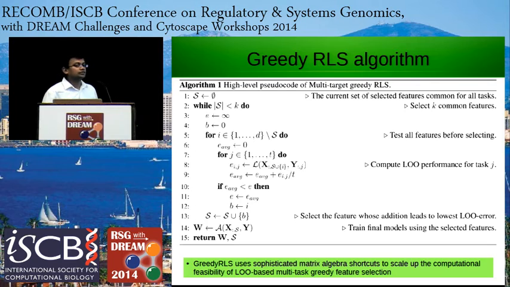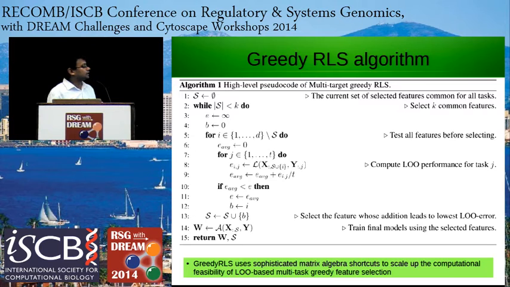Then I come to the general algorithm of greedy RLS. The RLS by itself does not give any sparse models, and that's why we need to explicitly consider how we come up with the sparse models here. The approach is that we start with an empty set of features, and then in each step, we add one feature at a time.